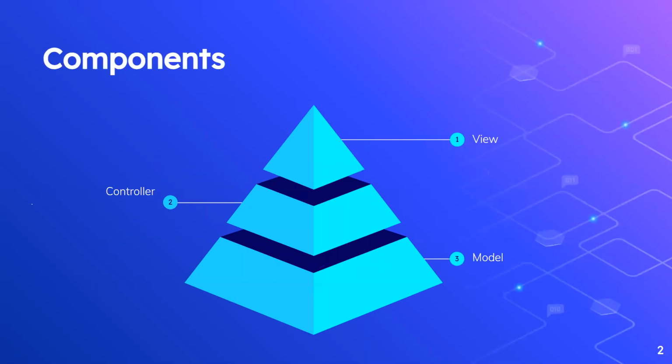The components of the MVC design pattern are the view, the controller, and the model. The view represents the part of the code the user can see and interact with. The model represents the real world logic and data.